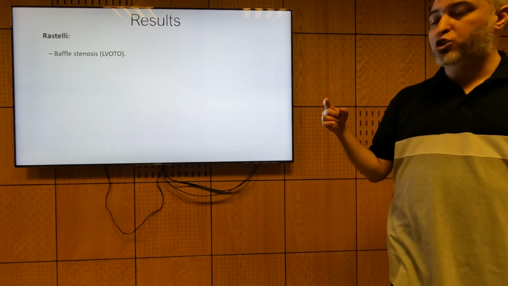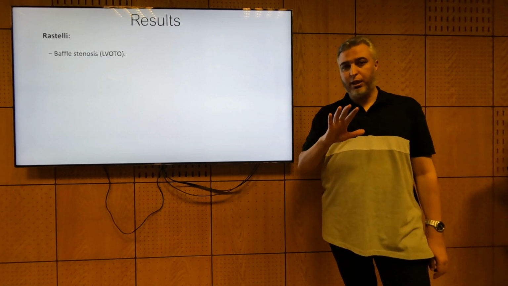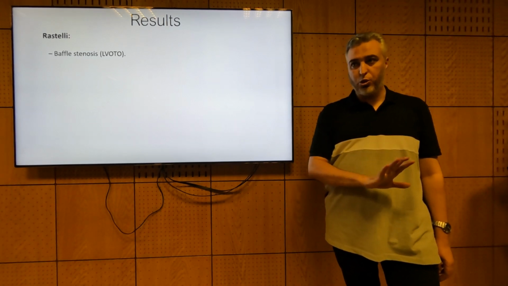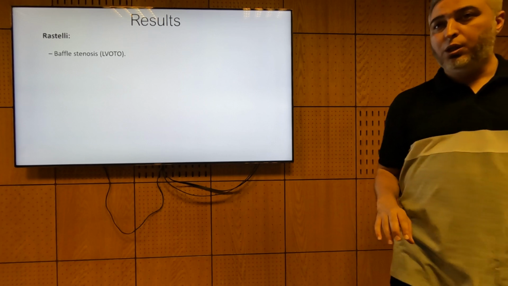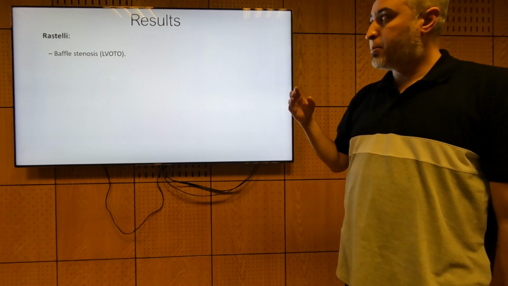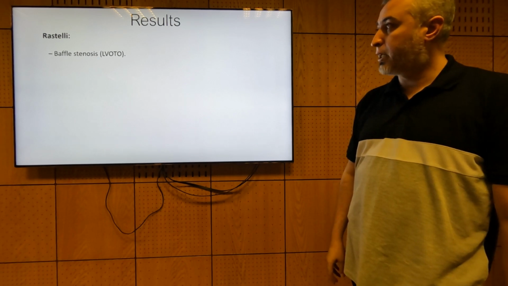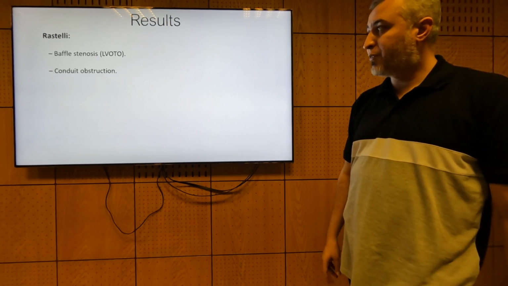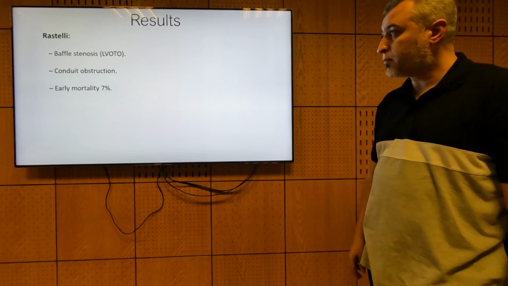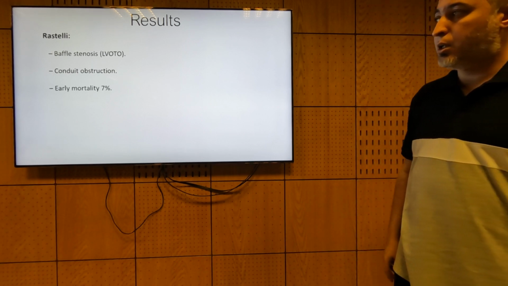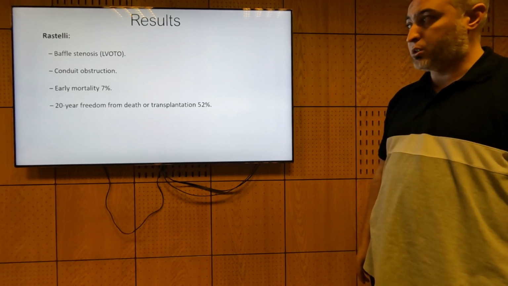Or some of these actually develop late, even after they come out of the operation with good LV flow into the aorta. With growth, the baffle becomes smaller relative to the patient size. And obvious conduit obstruction. Early mortality is up to 7%, actually quite high.